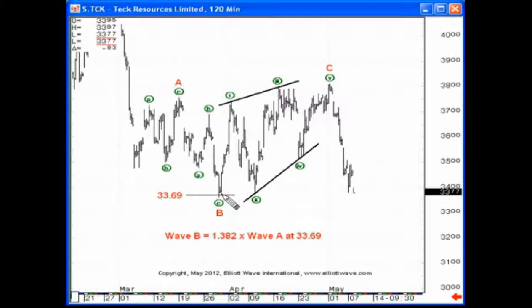Now that's followed by an ending diagonal, so it's a very nice expanded flat pattern. 3 up in wave A, 3 down in wave B, and then that's followed by a 5-wave move in wave C, specifically an ending diagonal. Thus we can actually see the move come much lower here, because as a counter trend move we know to expect it to be more than fully retraced.